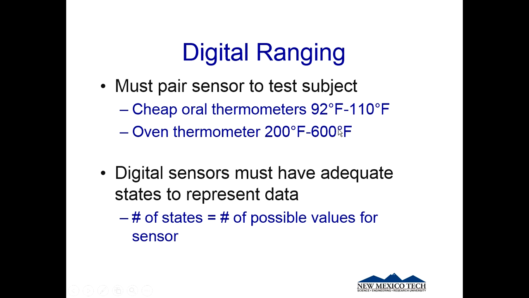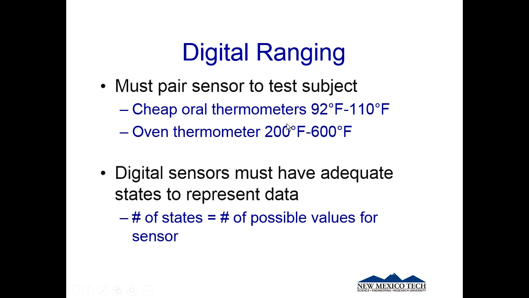So you're probably not taking your temperature. So we can just focus on that little range for that. But if you have an oven, maybe it's 200 to 600 Fahrenheit or something like that. So you have to pair your sensor to what it is you're measuring.